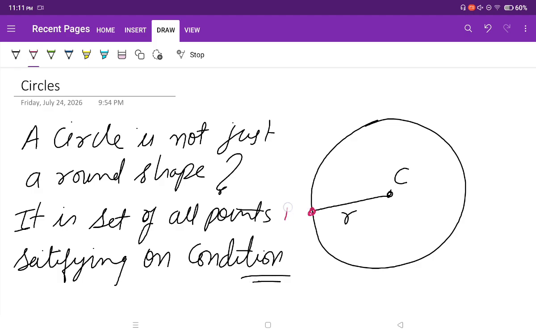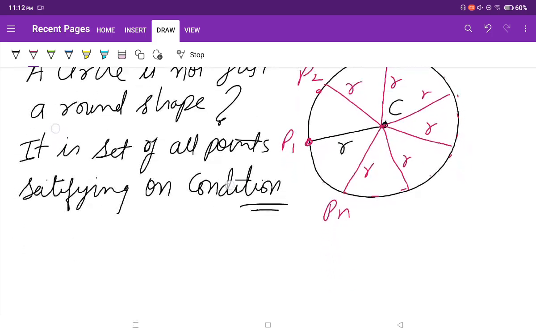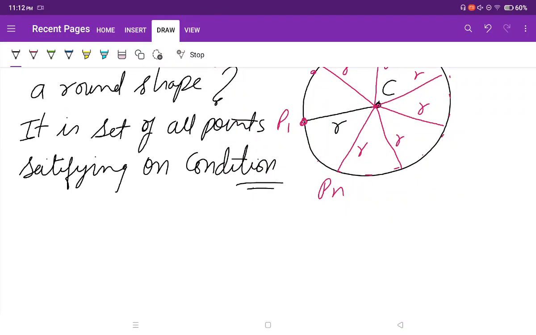If I say I have point P1 here, I have P2 here, I have P3 here, and many points, suppose Pn here. Now what is the condition here? That all these points will be at a fixed distance from this center, and that distance will be called r. Or in other words, every point on the circle is equidistant from the center, right?